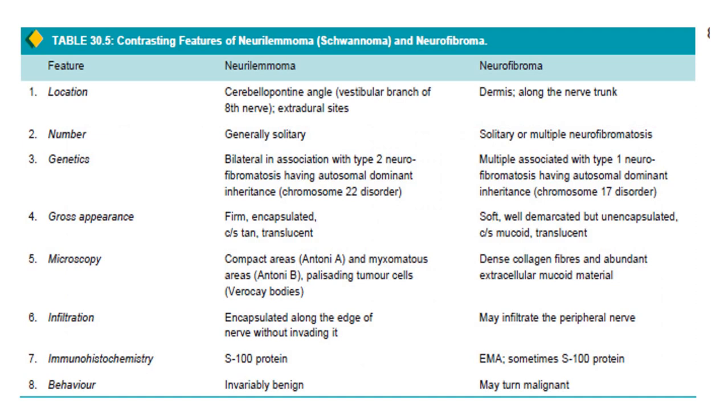This is again a very important question asked: the difference between schwannoma and neurofibroma. It can be asked individually or as a classification. Location: schwannoma is most commonly seen in the cerebellopontine angle involving the eighth nerve, and neurofibroma is generally seen in the dermis and along a nerve trunk.